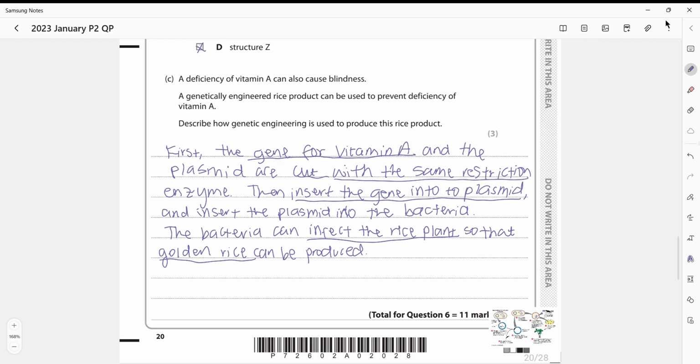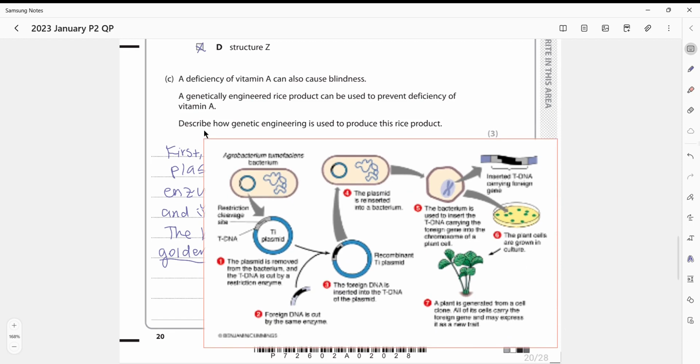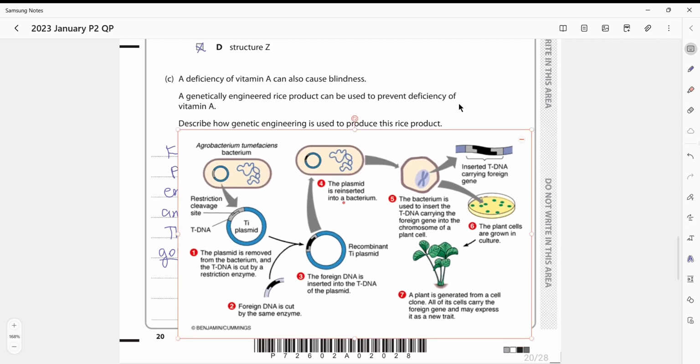So let me just pull out the diagram so that you can see it again. So once the bacteria infects the plant, these plant cells are able to grow in a culture so that the entire plant would have the gene for vitamin A.